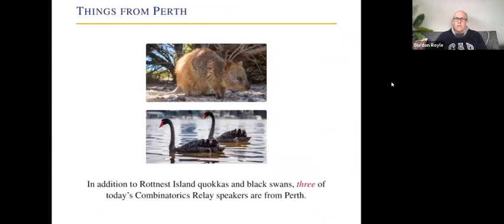There are some quokkas, a little marsupial, some black swans, and then a little quiz question for you. 3 of today's combinatorics speakers actually come from Perth. So there's me, and there's 2 others who went to high school and university in Perth and have subsequently gone on elsewhere. So see if you can figure out who the other 2 are.